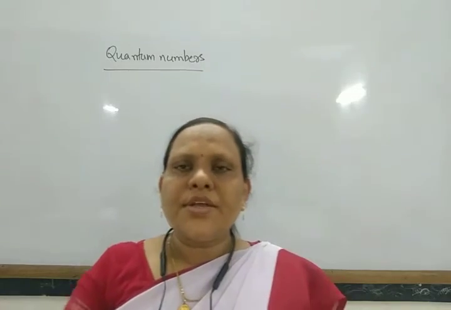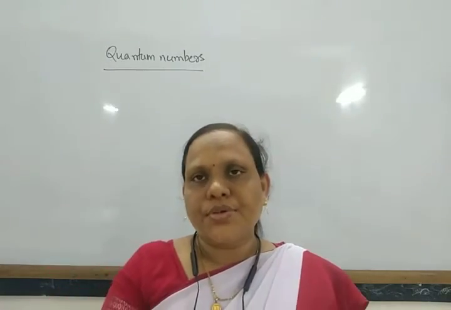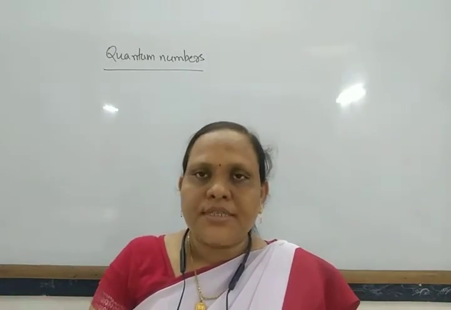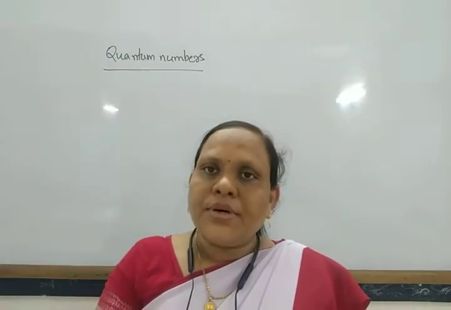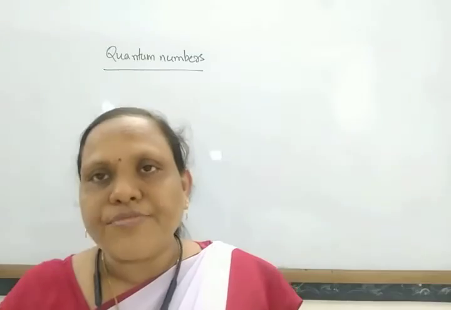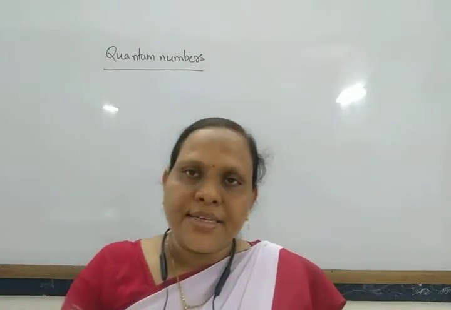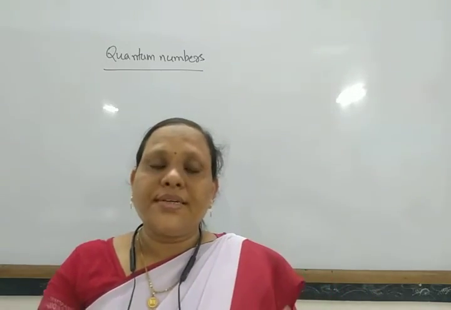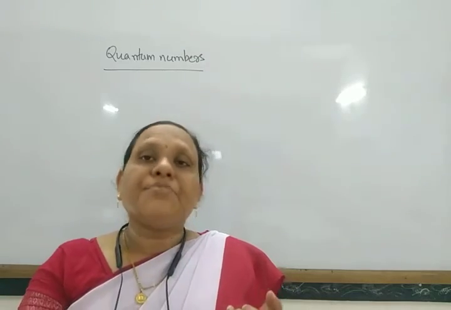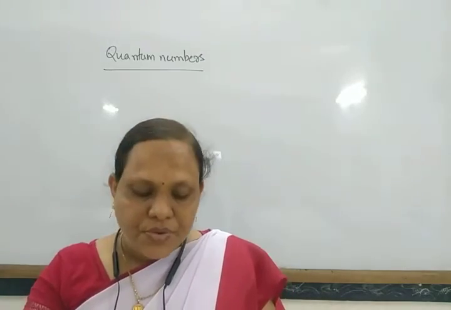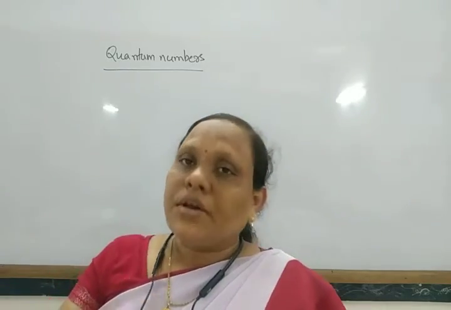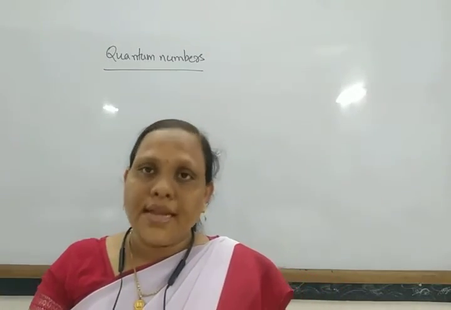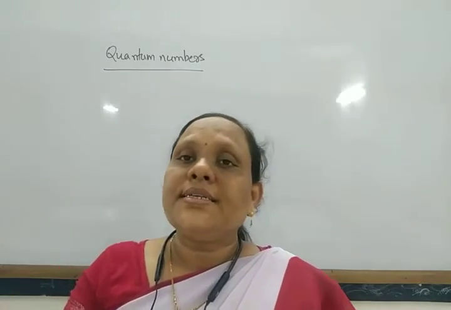Quantum numbers are a set of 4 numbers which give the complete address of an electron, that is, the complete information of an electron: what is its energy, its main energy level, its distance from the nucleus, which subshell it is present in, which orbital it is in, and what is its spin.